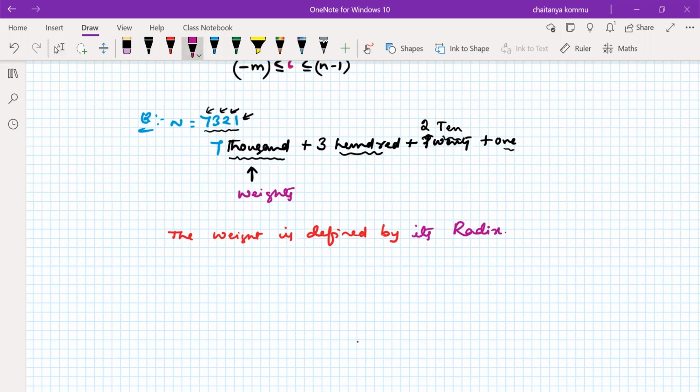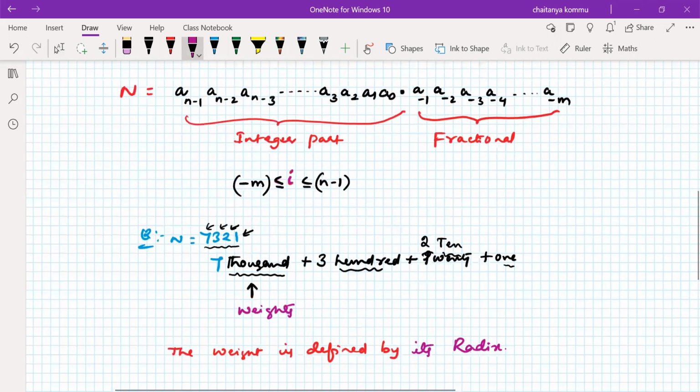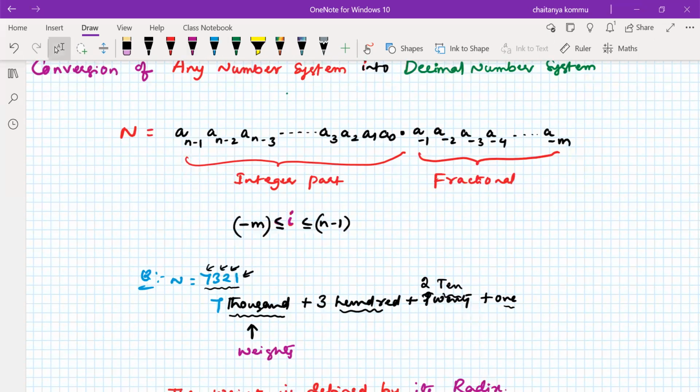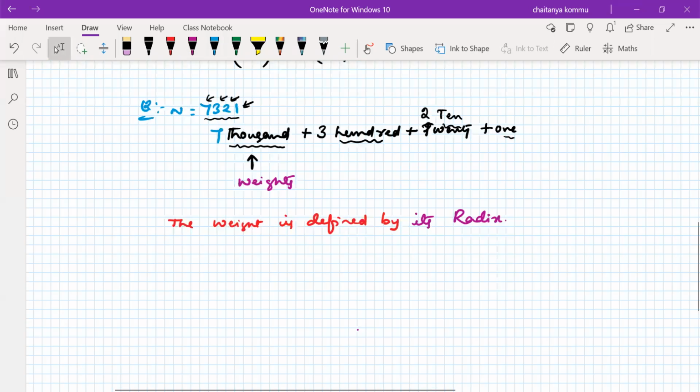Let me write the same n in value form. n is a0, just before the point. It is not a decimal point.